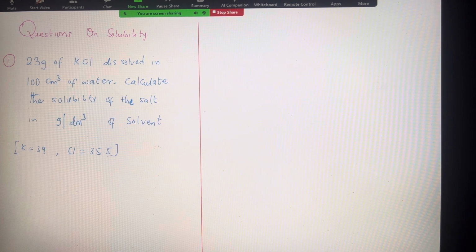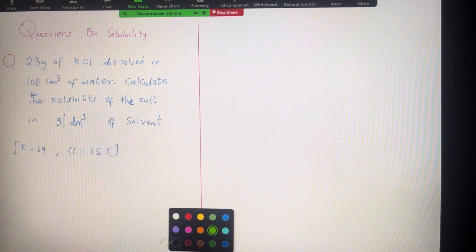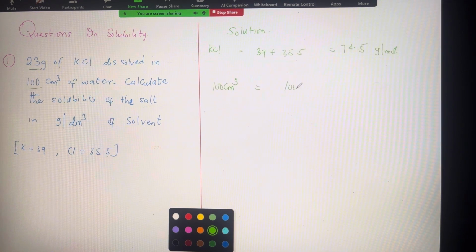Now we're heading over to questions here. I hope you're ready. So this one says 23 grams of KCl is dissolved in 100 cm³ of water. We want to calculate the solubility of the salt. First thing to do, calculate the molar mass of KCl, right?